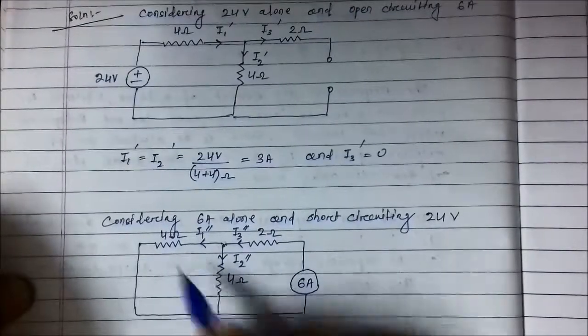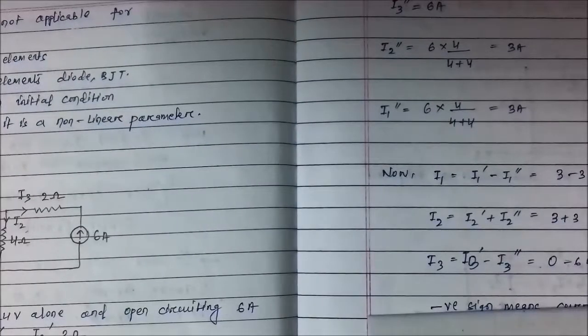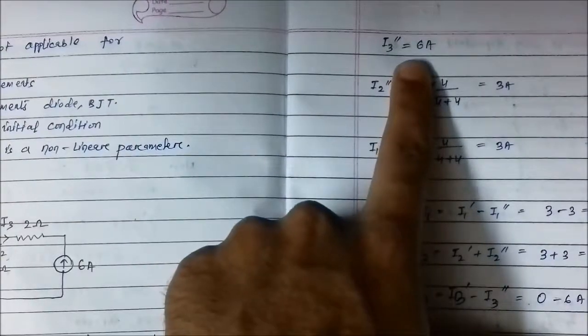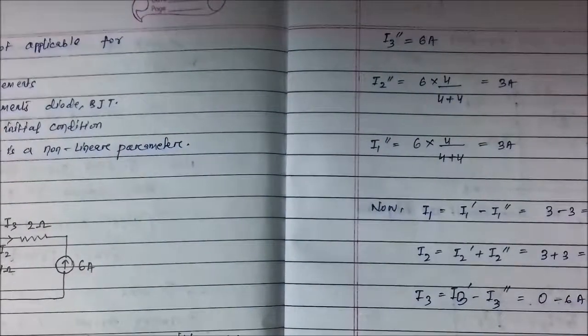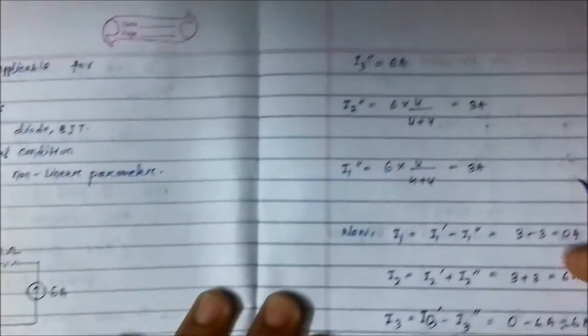It is 4 ohm parallel 4 ohm, these two are in parallel, which is ultimately in series with this. So we determined I3 double dash, which is 6 ampere. Then for I2 double dash, we have to apply the current division rule.